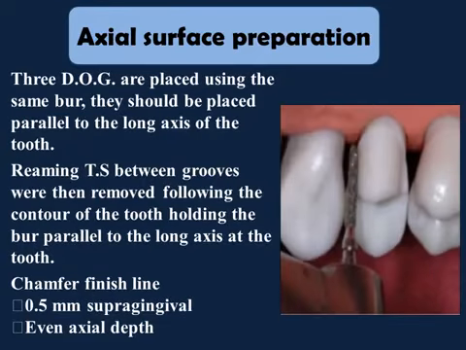Now we do the axial surface preparation, or lingual surface preparation. Three depth orientation grooves are placed using the same bur, and they should be placed parallel to the long axis of the tooth. After that, the remaining tooth structure between these grooves should be removed, following the contour of the tooth to obtain a chamfer finishing line that is 0.5 mm supragingival.